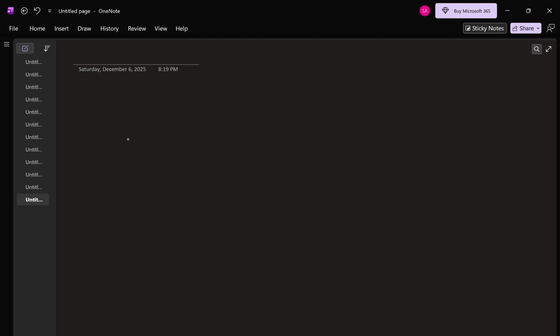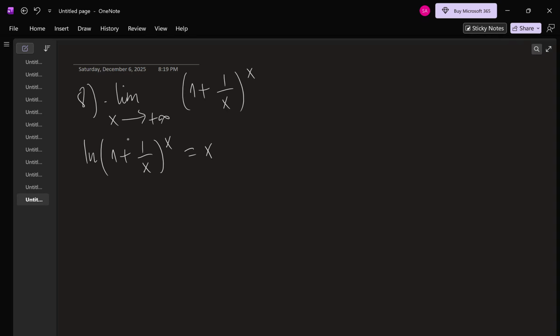So now we will pass to the next one. Exercise 8 says that you should compute the limit when x goes to plus infinity of (1 plus 1 over x) all to the power x. This is very simple. We will calculate the logarithm of (1 plus 1 over x) to the power x, which is equal to x times ln(1 plus 1 over x).